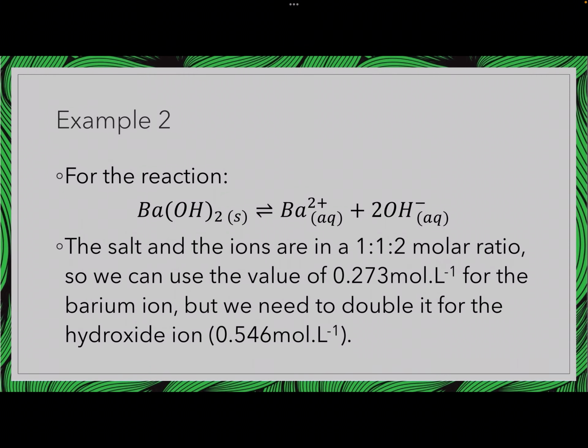So in this case, the salt and the ions are in a 1 to 1 to 2 molar ratio. So there's 1 barium hydroxide to 1 barium to 2 hydroxides. So we use the value of 0.273 moles per liter for barium, but we need to double that for the hydroxide ion because there's twice as many hydroxides. So it's actually 0.546.